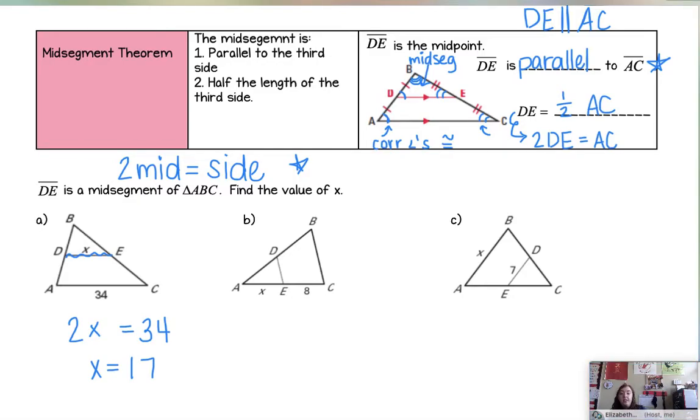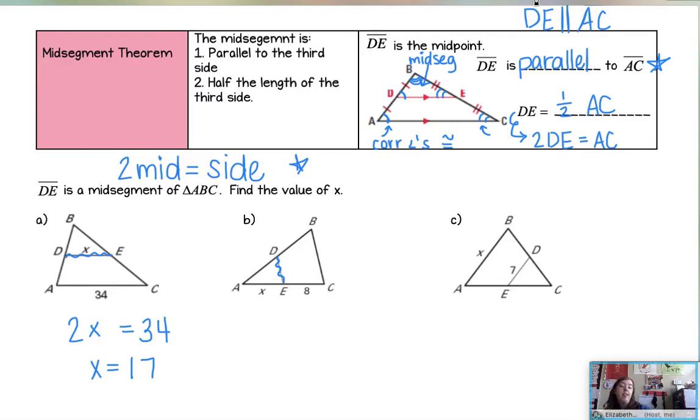Now B is going to be a little bit different. So DE is my mid-segment, right? This time, they didn't give me a length of a mid-segment.